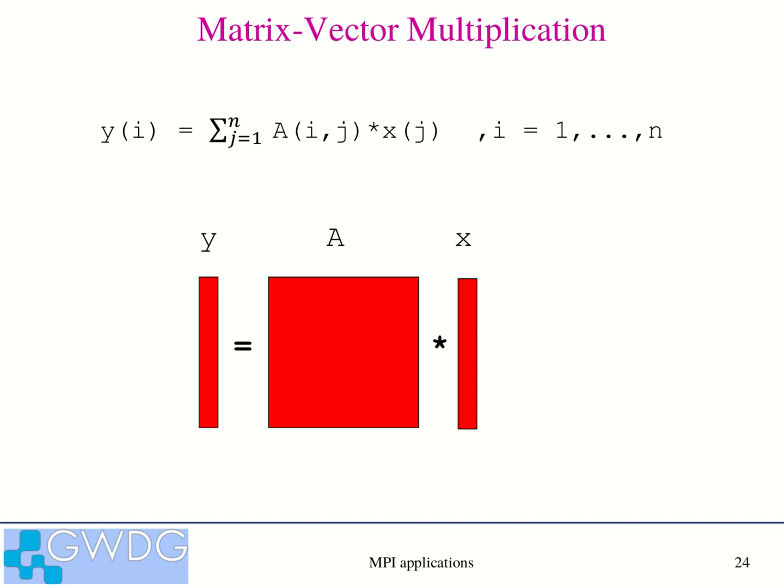One element of the result vector will just be the product of this row times the input vector x, a scalar product, written here. So the ith element of the result is the sum over all the elements of the ith row, where every element of the ith row is multiplied by the element of the input vector. This is a matrix vector multiplication.